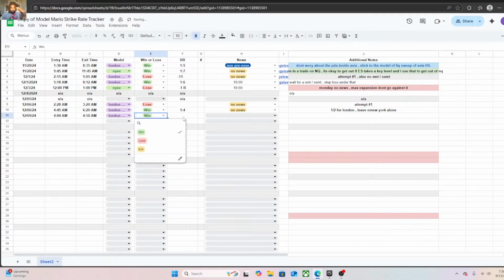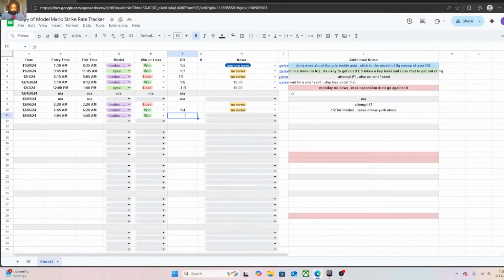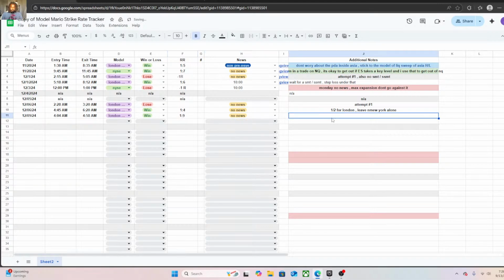That's a win. This is a 1.9 RR if you round it up. No news, London session. Leave New York alone. Secure.